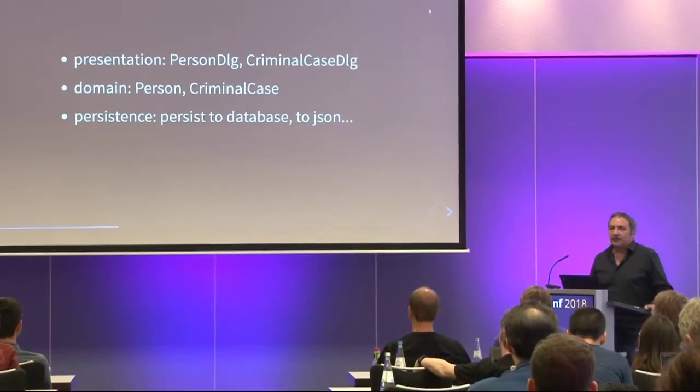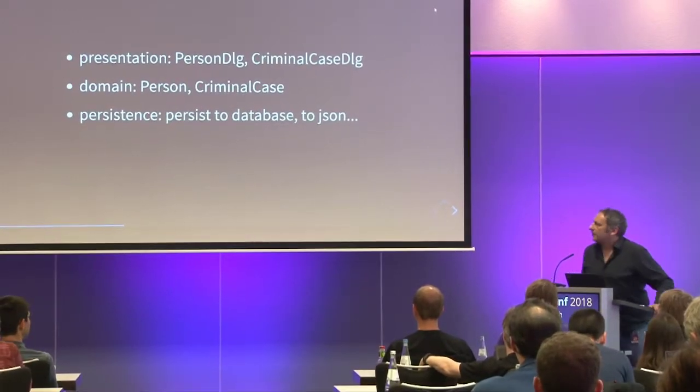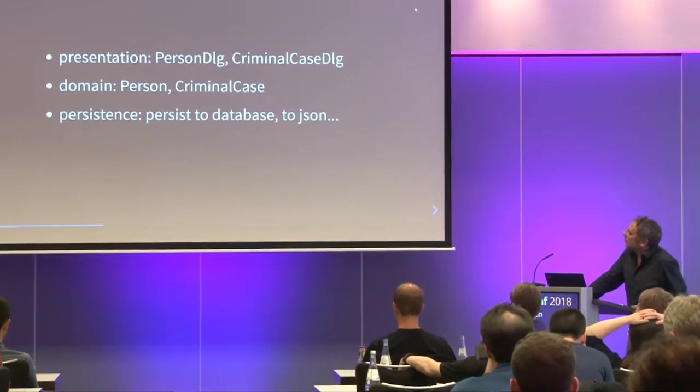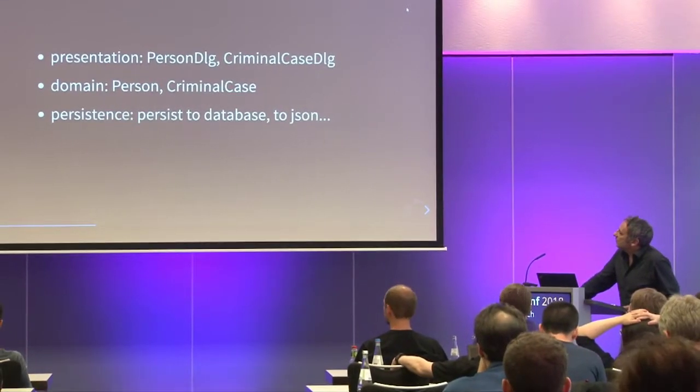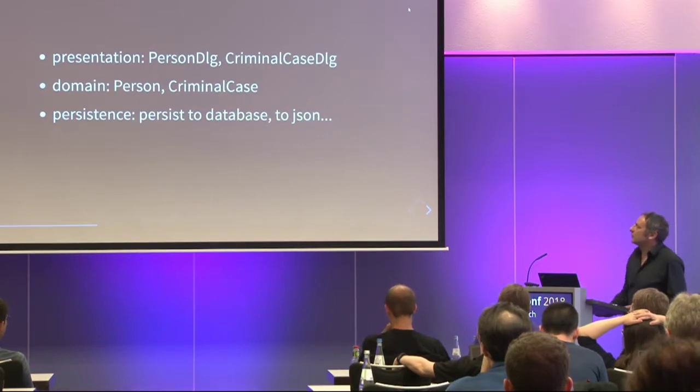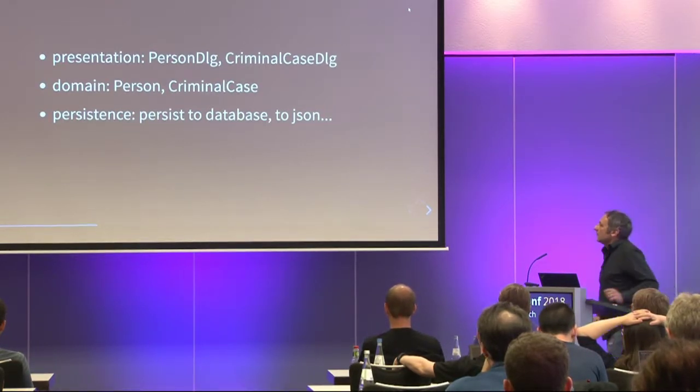And personally, I encountered it when I worked on the project for the automation of the Belgian appeal court. And we had a domain layer with person, natural person, legal person, criminal case, and so on.